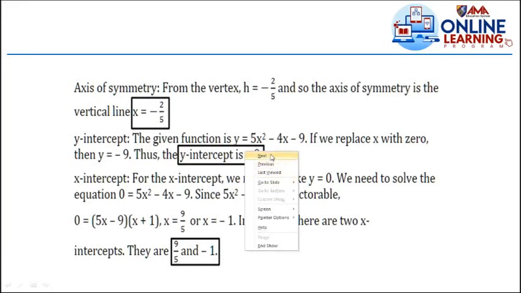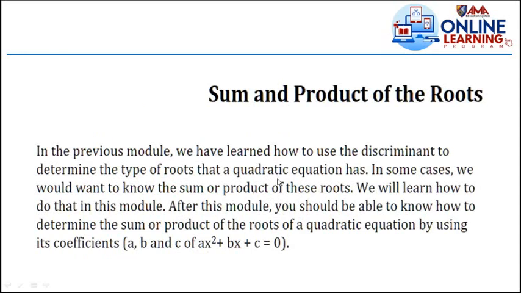Okay? So, next we have now the sum and product of the roots. In the previous module, we have learned how to use the discriminant to determine the type of roots that a quadratic equation has. In some cases, we would want to know the sum or product of these roots. We will learn how to do that in this module.